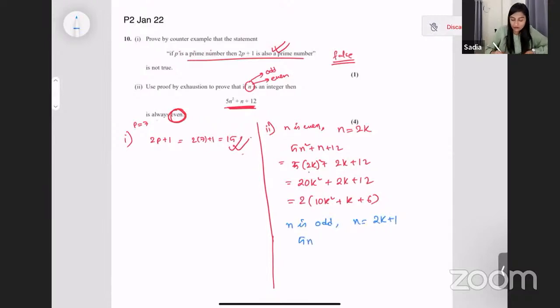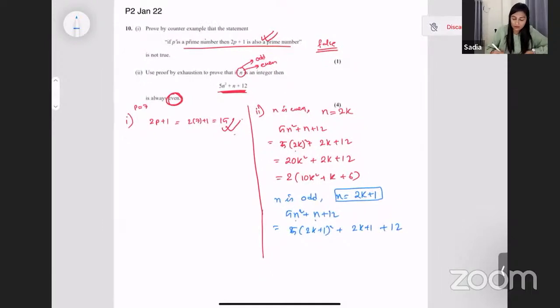So now 5n squared plus n plus 12. I will just substitute the value of n in this expression. So that's 5(2k plus 1) whole squared, plus 2k plus 1, plus 12. If I expand this using the (a plus b) whole squared formula, we will get 4k squared plus 4k plus 1. So that's a little bit lengthy.